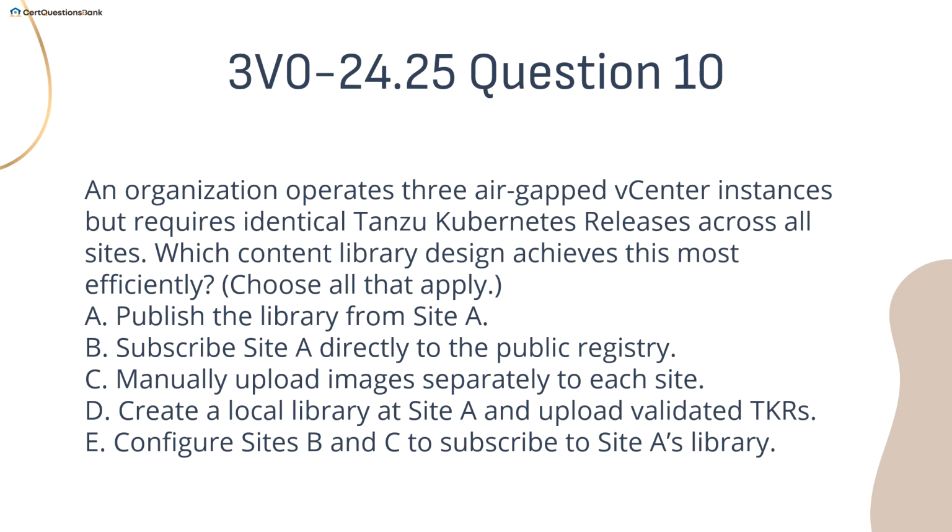A. Publish the library from Site A. B. Subscribe Site A directly to the public registry. C. Manually upload images separately to each site. D. Create a local library at Site A and upload validated TKRs. E. Configure sites B and C to subscribe to Site A's library.